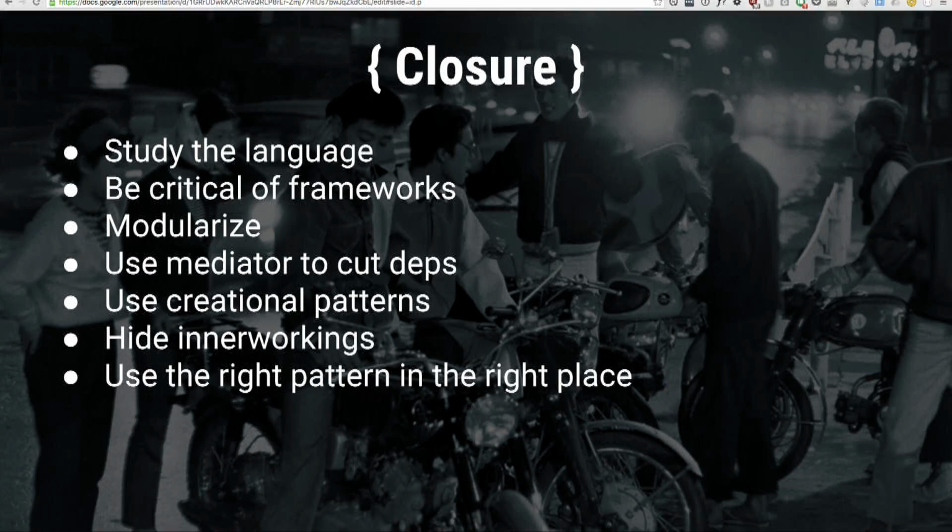Just start with smaller parts, so one little part of your application, and then just put it in a module, and so part by part, don't just refactor the hell out of it. Also, use creational patterns like singleton, factory. Also, important: hide inner workings, and most important is to use the right pattern and use it in the right place.